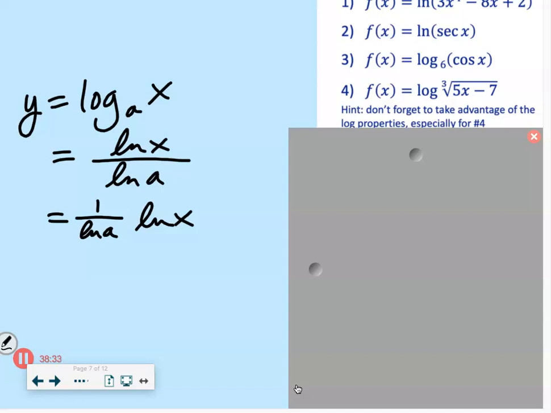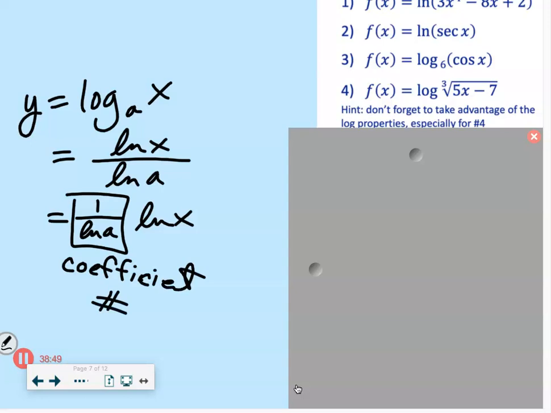What is ln a? Is a a variable? It's a constant. So 1 over ln a, this whole big thing right here, that's just a great big coefficient, right? It's a number. A is a number. So the derivative of log base a of x is the same as the derivative of ln x over ln a, just writing the 1 over ln a in front.